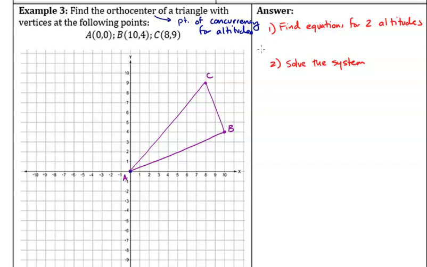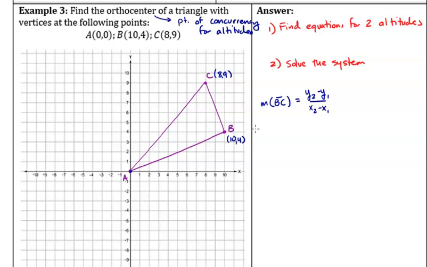So let's do that real quick, and I'll show you why I'm doing it. So first, I'm going to find the slope for segment BC. Remember, little m stands for slope, so this is the way I denote that I'm finding the slope of segment BC. Well, B again was at (10, 4), and C was at (8, 9). I could do y2 minus y1 over x2 minus x1, or I could just do rise over run.